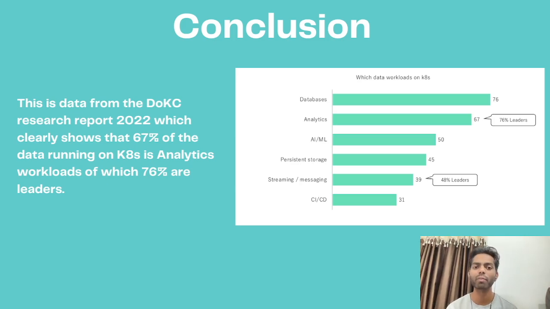Running analytic workloads on Kubernetes provides organizations with many benefits, including scalability, resource management, portability, integration with other tools, automation, and community support. You may ask how community support came into the picture. Kubernetes has a large and active community, which means there are many resources and tools available to help organizations run their analytic workloads on Kubernetes.